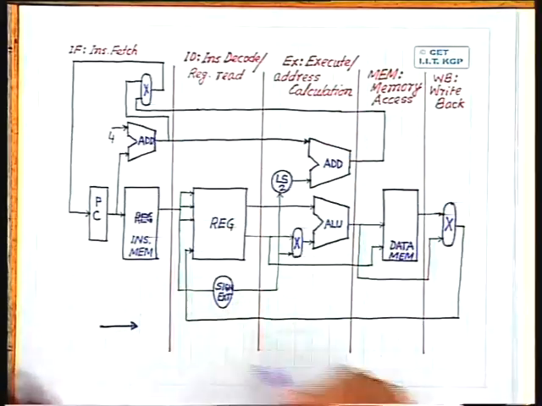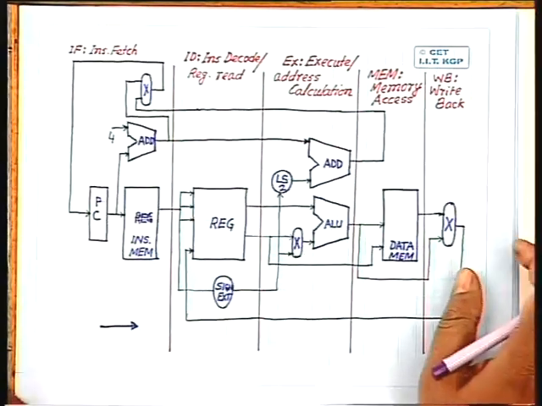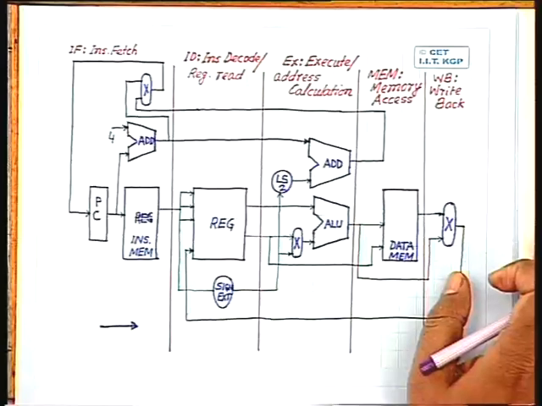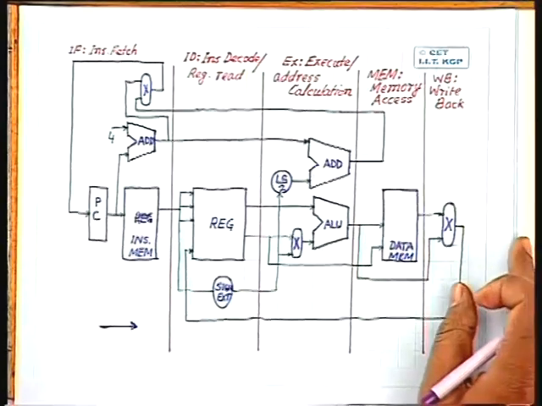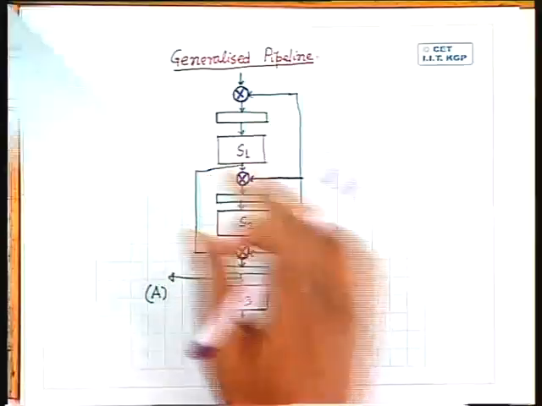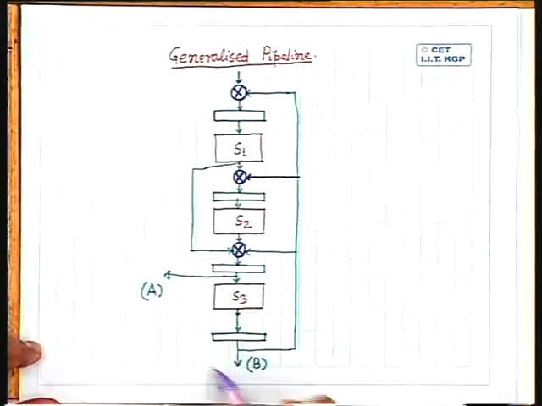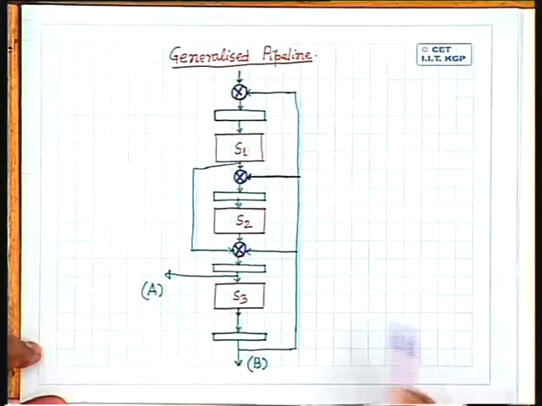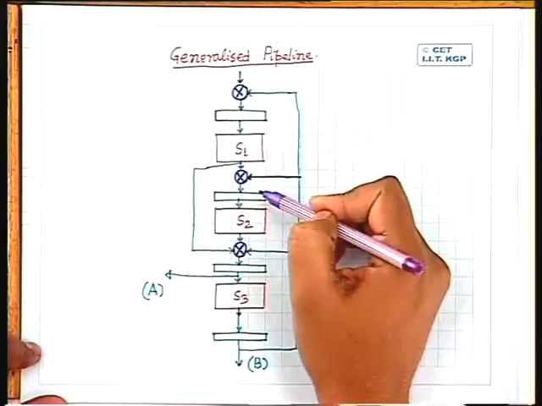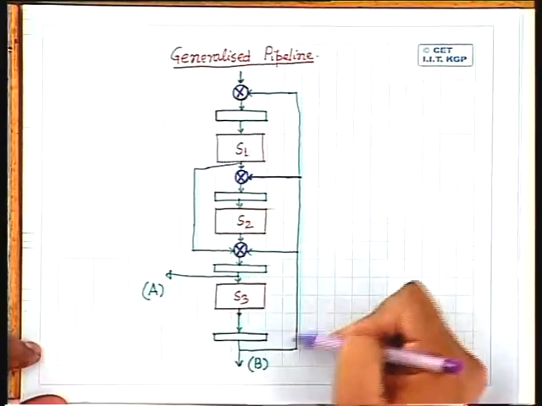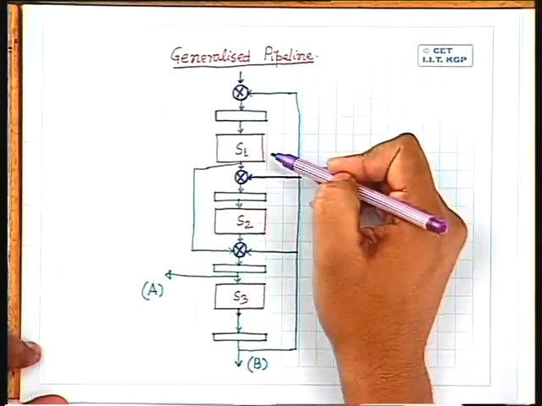You find that this kind of architecture is nothing but a special case of the generalized pipeline that we have discussed. So if you remember this figure, a generalized pipeline architecture where the data can move in the forward direction, data can also move in the backward direction.